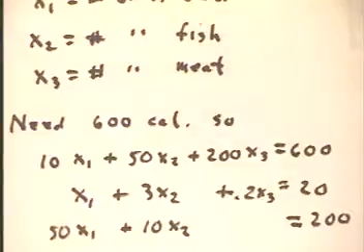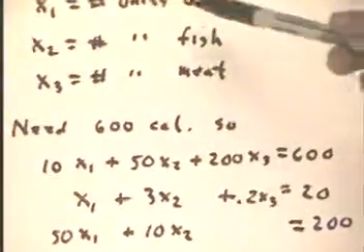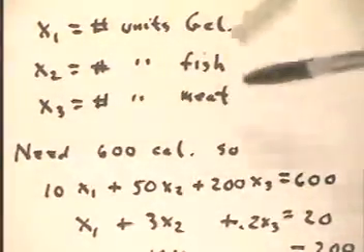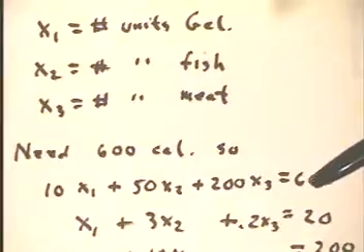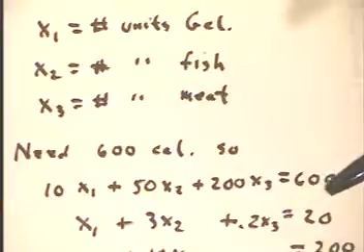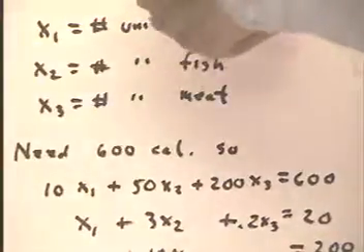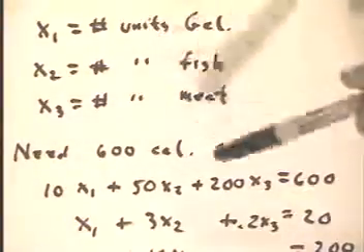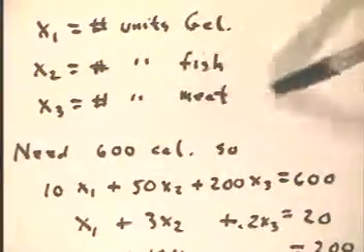But the condition is that each unit of gelatin contains 10 calories, let's say. Each unit of fish has 50, and each unit of meat has 200.